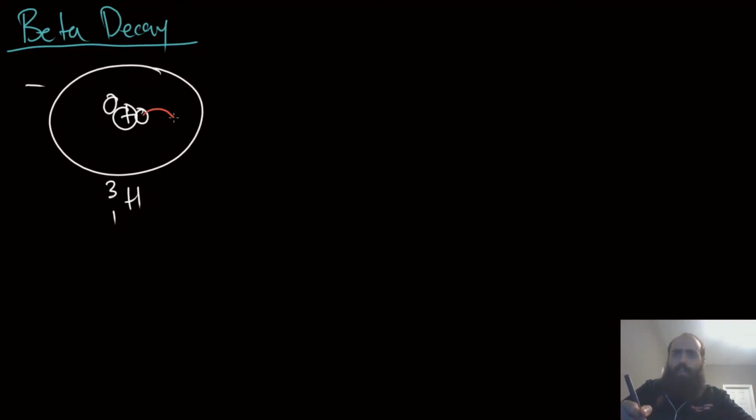And with beta decay, something very interesting happens with this neutron. Basically, this neutron is actually going to become several different things. If you think about the neutron, it has zero charge, and it's a fairly large particle. The neutron actually has more mass than the proton.